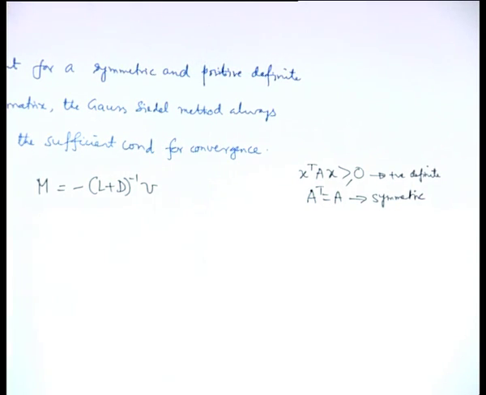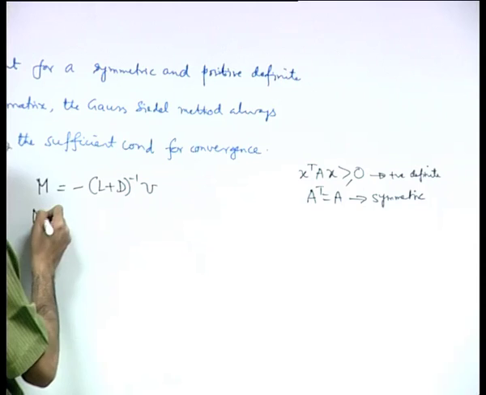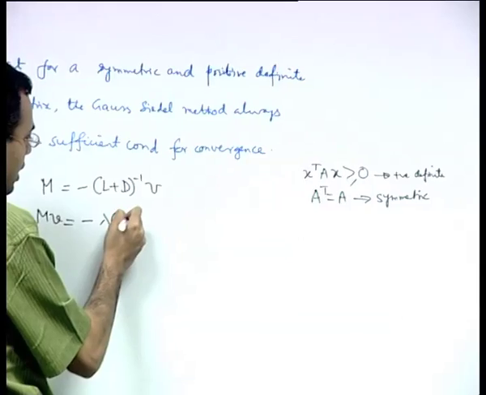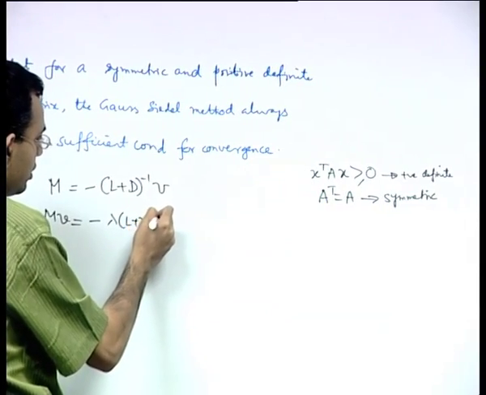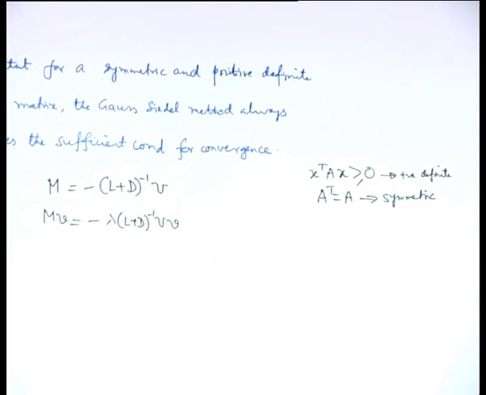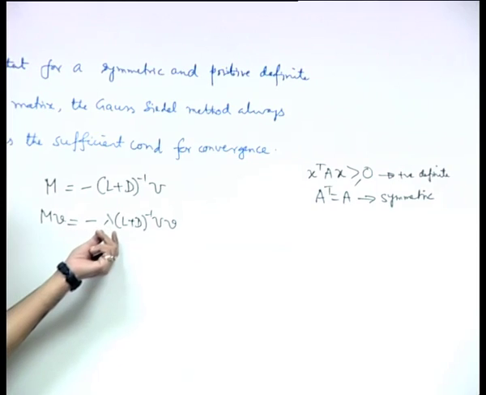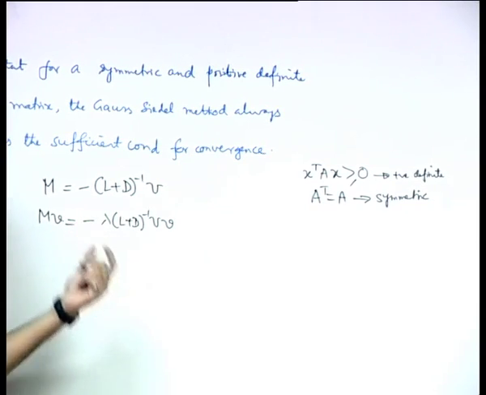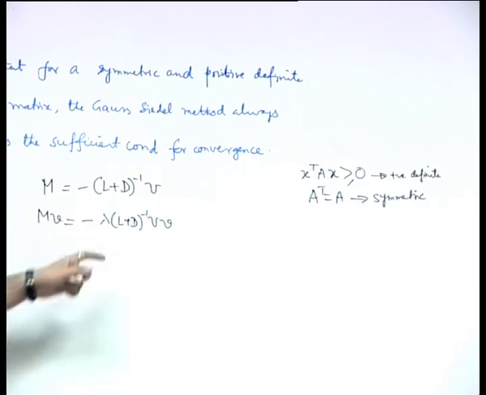Now if V is an eigenvector, then we have MV equal to minus lambda L plus D inverse U V. Why are we bringing the eigenvalue and eigenvector into the picture? Because it is the max of mod of lambda that will dictate whether it is satisfying the sufficient condition for convergence. So we have to bring lambda into the picture.